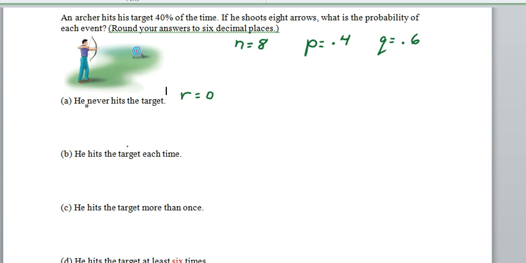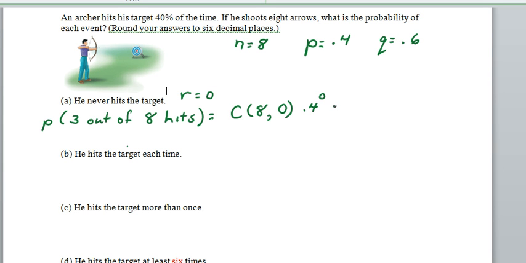So in part A, the probability of 0 out of 8 hits will be the number of combinations of the 8 shots or trials where we choose 0 as success, so 0.4 to the 0 and 0.6 to the 8.